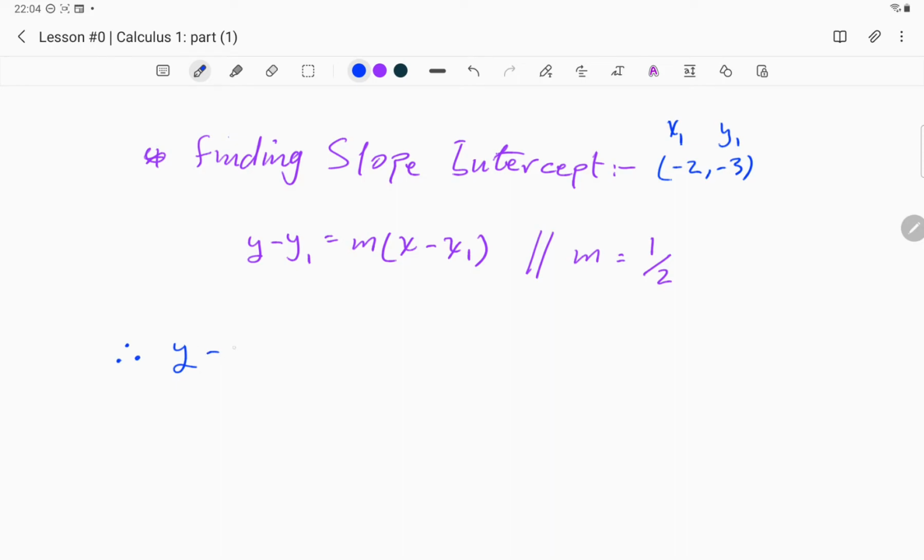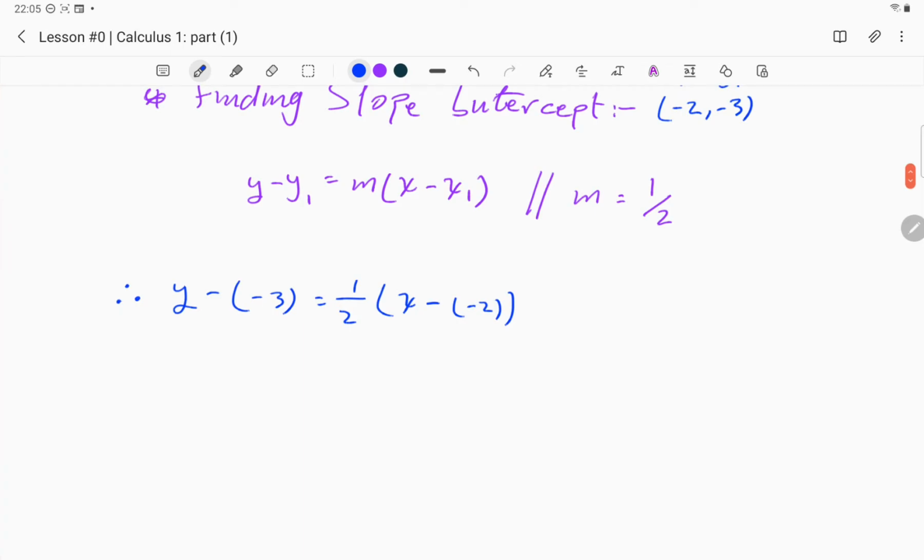Y minus -3 equals, now m is half, so half multiplied by x minus x1, which is -2. So that's going to be it really.